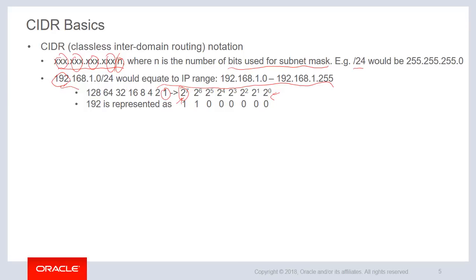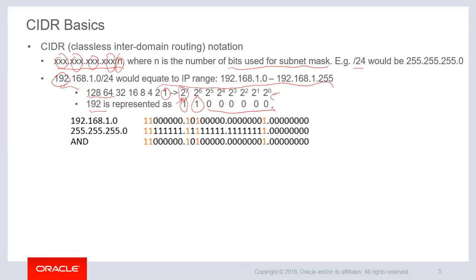So if you have to write something like 192 in a binary format, to get to 192 you need to add the 128th place and the 64th place, and if you add them together you get 192. So those 2 bits would be 1 in binary, and all the other bits would be 0, right? That's just the basics of how IPv4 addresses are constructed.